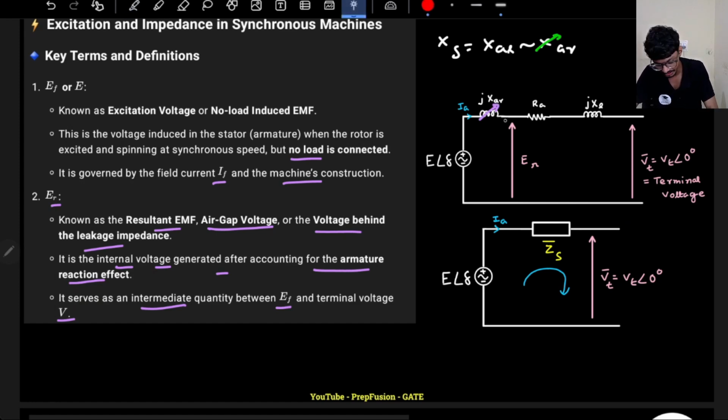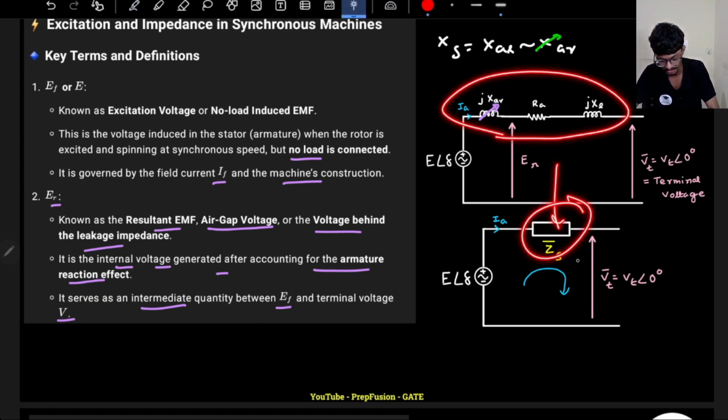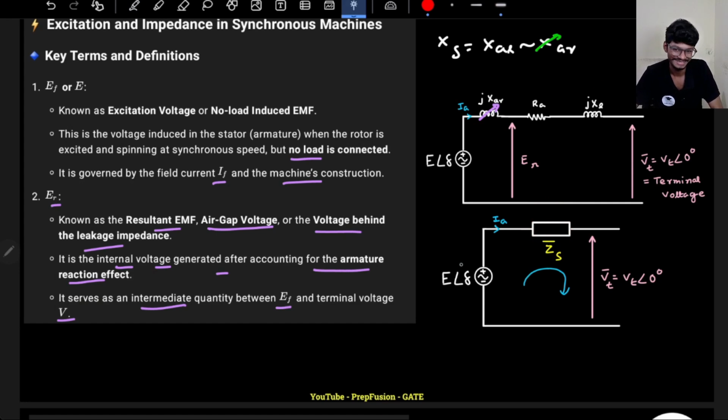So we can convert this whole thing into a single impedance known as Zs, the synchronous impedance.